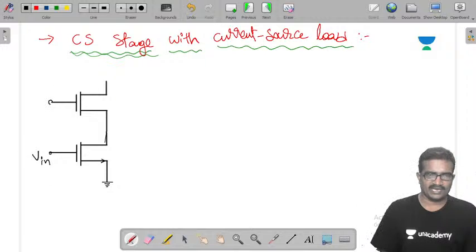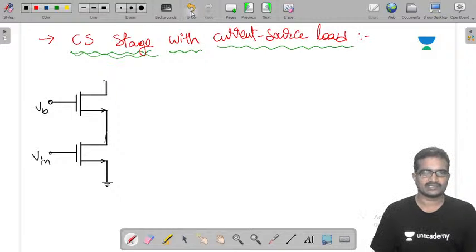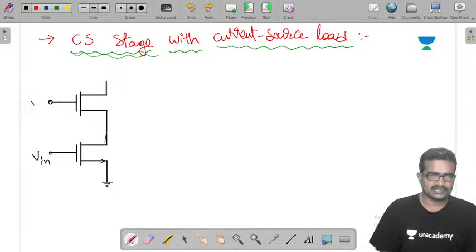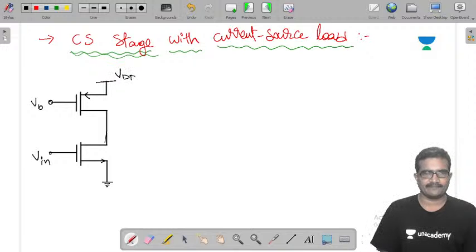This is the biased MOSFET, VB biasing voltage. This is the VB and it is a P channel MOSFET, connected to VDD.